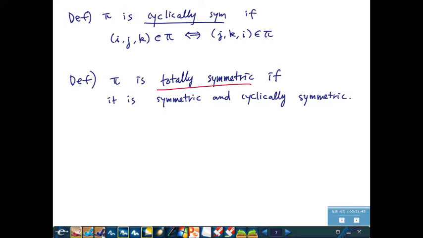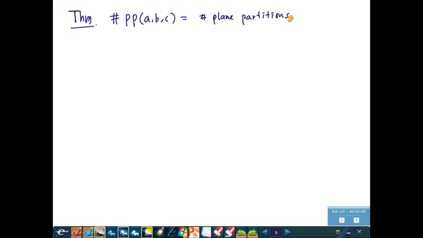Okay, now I'm going to tell you a very interesting fact. They all have very nice formulas. I'm just going to write the number of plane partitions inside A, B, C. If I write this, it means just that. The number of plane partitions inside an A by B by C box has a nice formula.